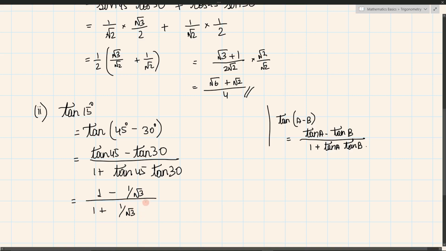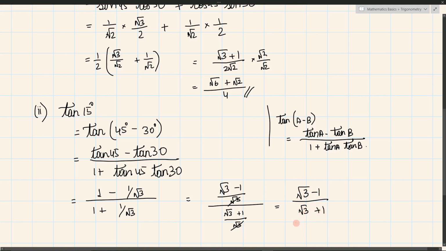So let us take the LCM. In both numerator and the denominator, we'll have root 3 minus 1 divided by root 3 in the numerator. In the denominator, we'll have root 3 plus 1 all divided by root 3. Root 3 in the numerator and denominator gets cancelled. We'll have root 3 minus 1 divided by root 3 plus 1.